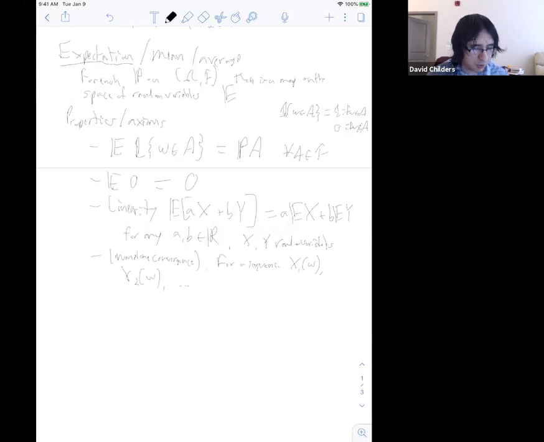and so on up through some arbitrary number, so a countable sequence of random variables, such that 0 is less than or equal to x1 of omega, is less than or equal to x2 of omega, is less than or equal to, and so on. So this is an increasing sequence.